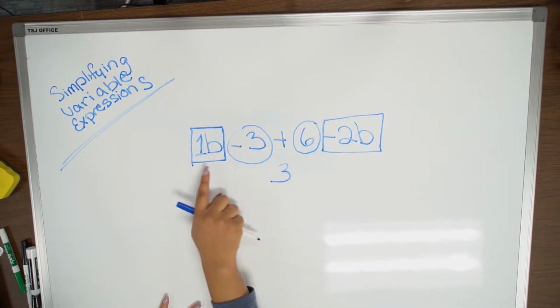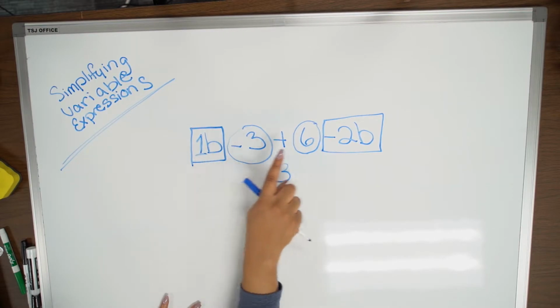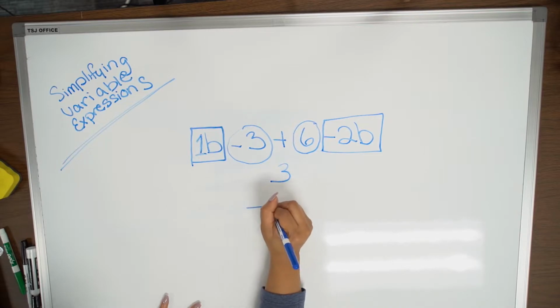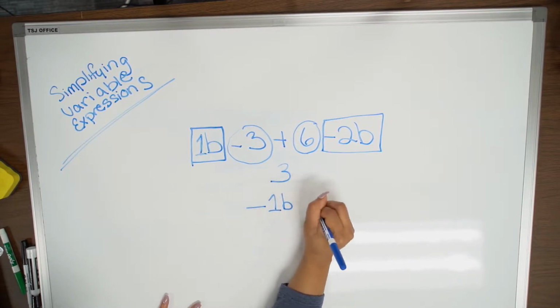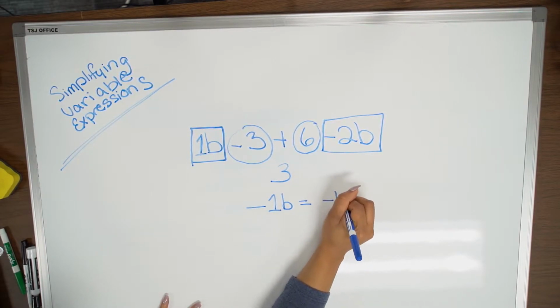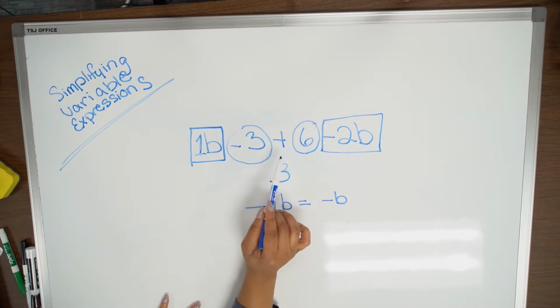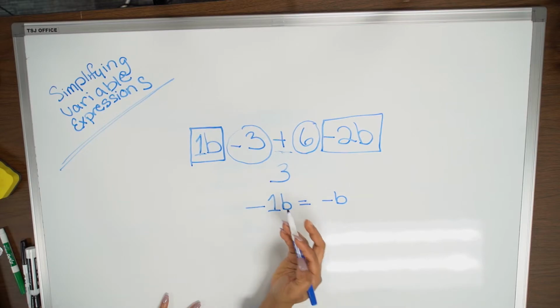So when we combine these two, so positive 1b plus negative 2b is negative 1b, which also equals just negative b. Okay? So you're like, so we got 3 and we have negative b. What do we need to do? You see this plus right here? That's the math function that we can't forget about.